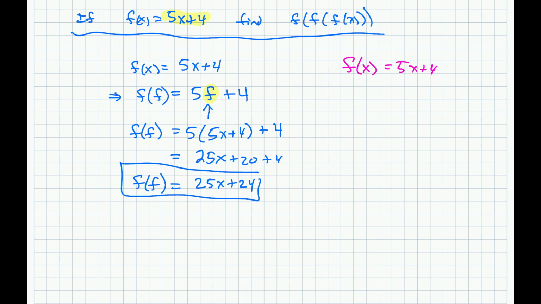Basically what we did here, we're going to do again, but you'll see a difference. So f of x is 5x plus 4. So if I did f of f, I want to change the color here. I want it to be very obvious that they're different.